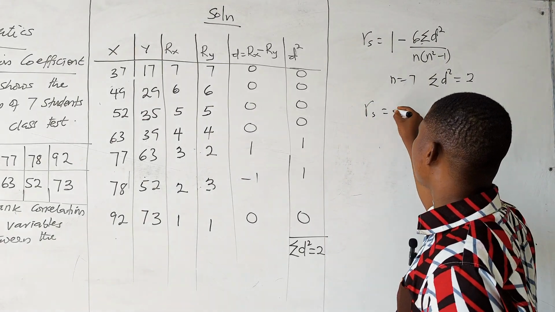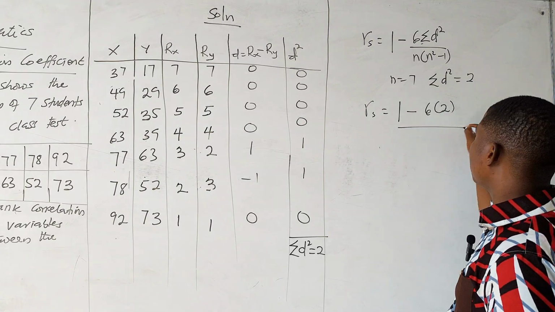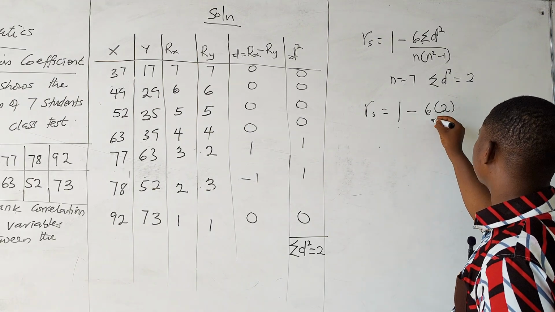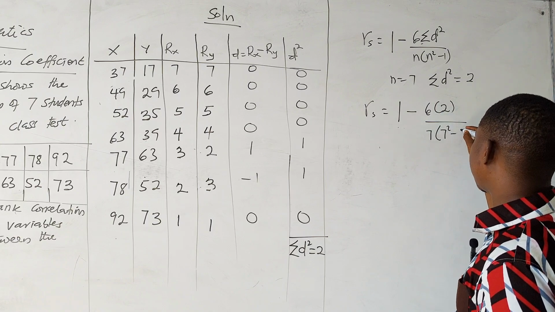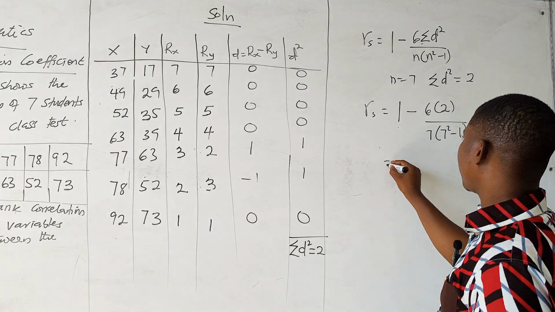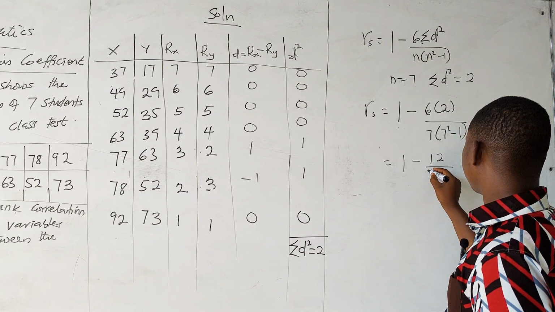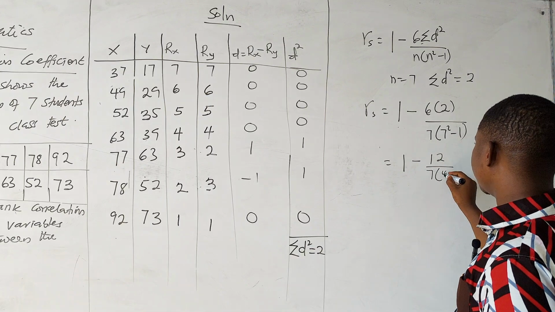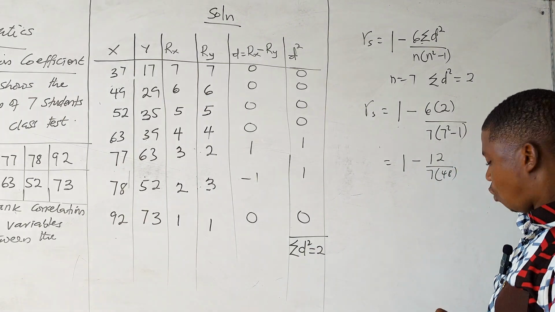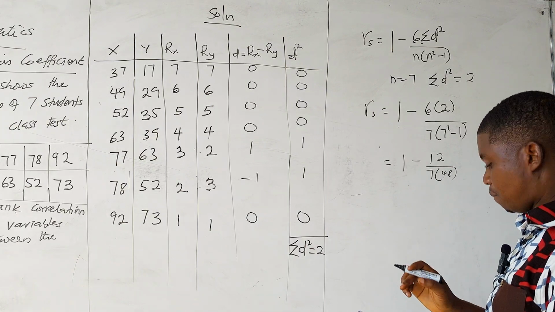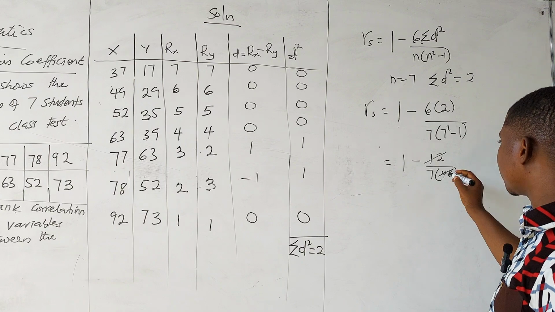So our rank correlation is equal to 1 minus 6 times 2 all over n, and n is 7 into bracket 7 squared minus 1. So we have 1 minus 12 over 7 multiplying 49 minus 1, which is 48. Then 12 goes into 48 four times.